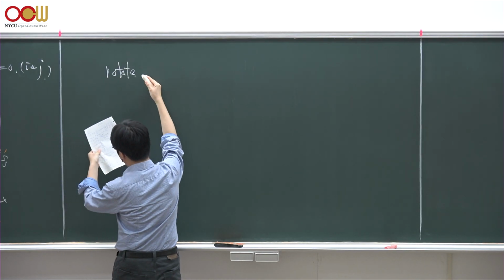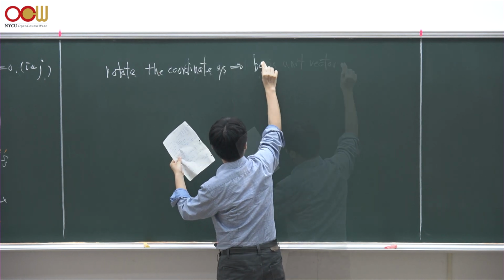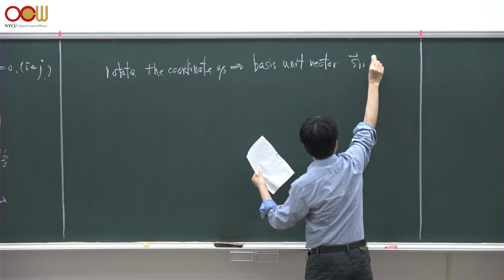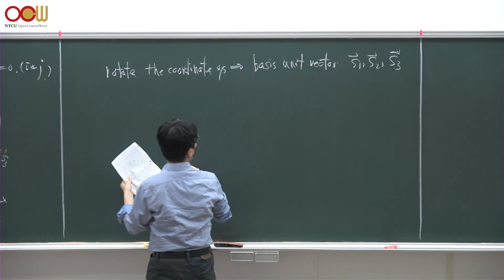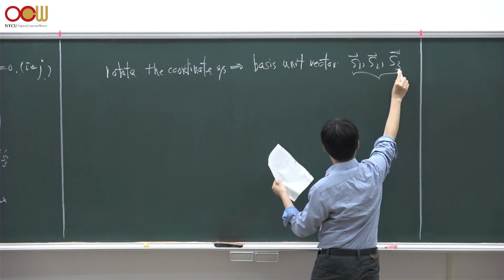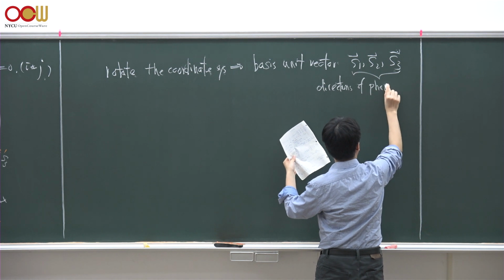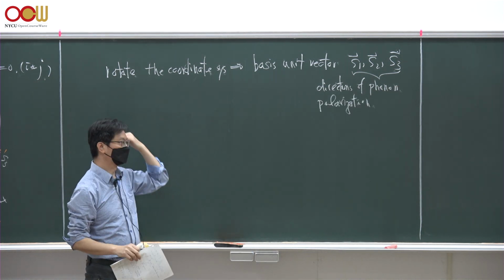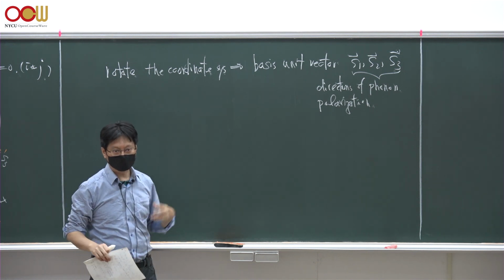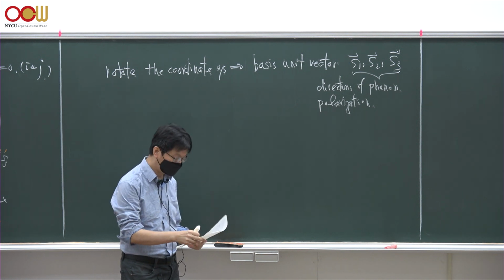So we rotate the coordinates to the basis unit vectors S1, S2, and S3. And these three unit vectors are called directions of phonon polarization, which means that the phonon propagation could go along the three different new directions, S1, S2, and S3.